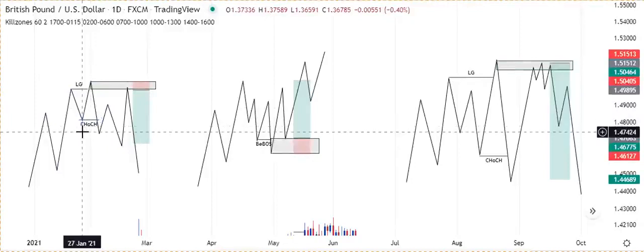Now, one thing we need to understand is that smart money needs your stop losses. That's what they need to fill their own orders in order to be able to move. They will not move the market if they don't have a corresponding volume of orders to fill their own orders.